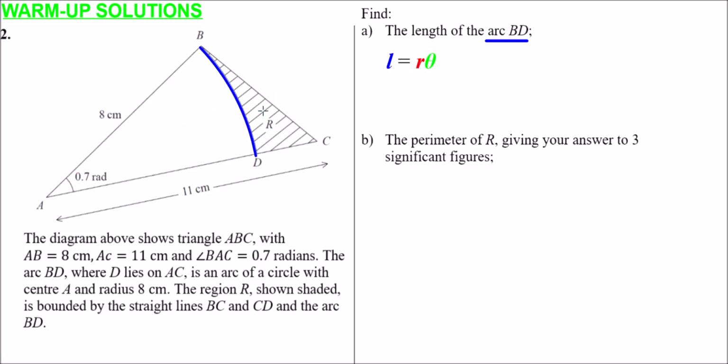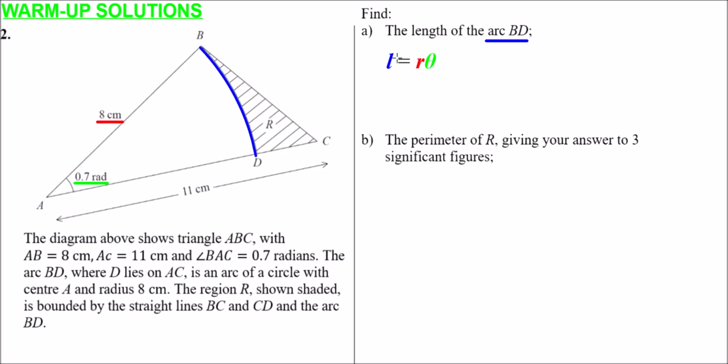So the radius, R, is 8, and the angle theta in radians, it needs to be in radians for these formulae, L equals R theta, and area being half R squared theta. So we're told this is in radians, which is good, so therefore theta is 0.7.